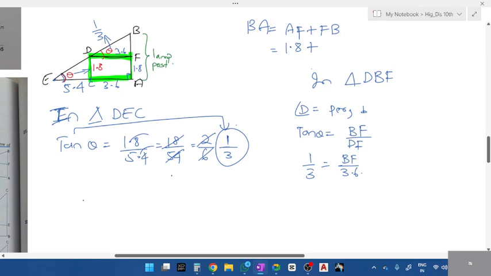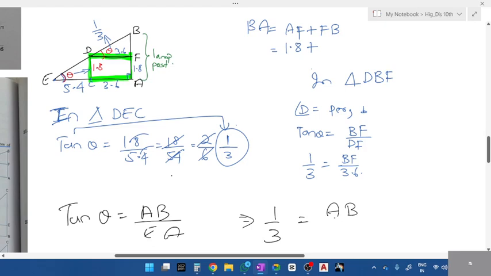Now let us take the larger triangle. If I apply tan theta is equal to perpendicular, AB, divided by the base, EA. So what is tan theta? Tell me the tan theta value. 1 by 3 is equal to AB divided by EA.